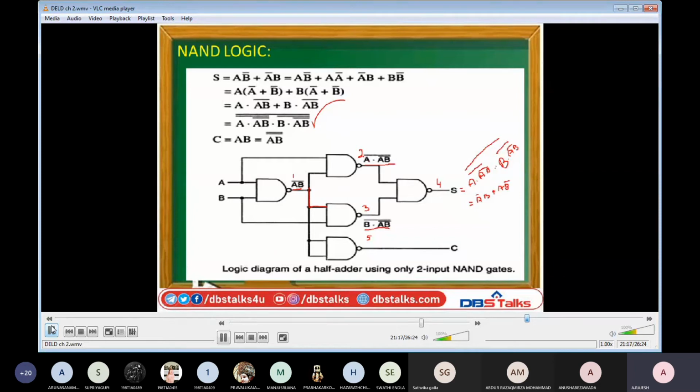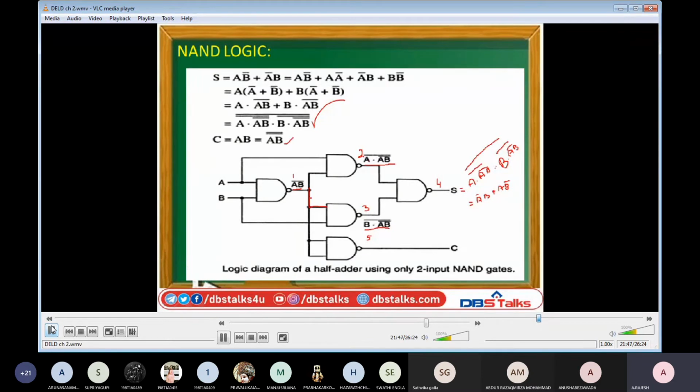Okay, see here for carry. Here they have given inputs, that is AB complement, twice, that will be AB whole complement double complement, which will be equal to AB.